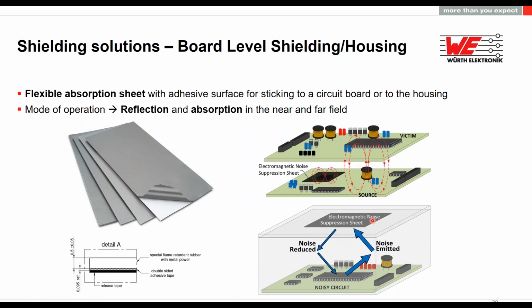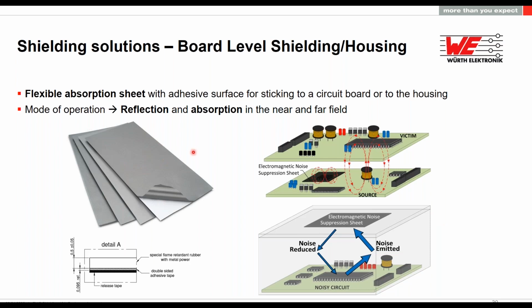In the same way, we have a housing and we have a noisy circuit in our electronics. To reduce this noise, we can place one absorber sheet. It doesn't matter where we place it. Every time the noise goes through this absorber sheet, the noise is reduced, so it tends to zero.